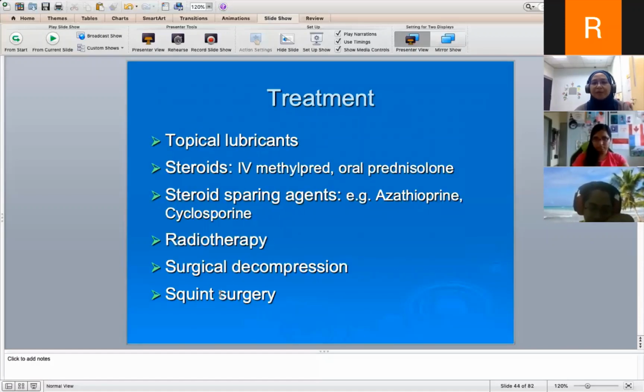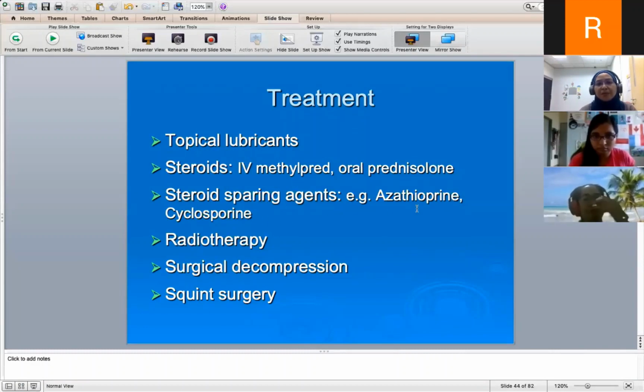How do we treat the patient? If the patient is in active condition, you have to give them methylprednisolone, depending on the severity of the eye condition. If the optic nerve is affected, you have to give intravenous methylprednisolone. If let's say there's thyroid eye disease, but the vision is still perfectly good, you can still give them oral prednisolone. Now, sometimes they don't respond to prednisolone.